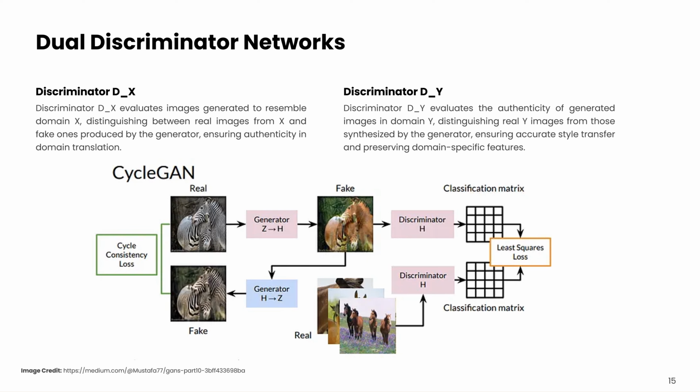On the evaluation front, you go beyond qualitative checks. Frechet inception distance, or FID, is a workhorse for measuring realism and distributional similarity of generated samples to real samples in the target domain. You typically compute FID for X to Y translations and the reverse to quantify how convincingly the model captures the Y domain statistics.